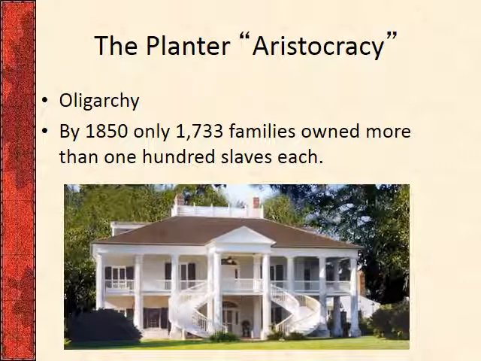So the South, if you were in this very, very small percentage of people, right, only 1,733 families actually owned more than 100 slaves each, then you had this Gone with the Wind type plantation. And as a result of being the absolute top of the southern slave owning population, you had a seat at the table, and it was a pretty small table as far as state leadership, and really to an even greater extent federal leadership.